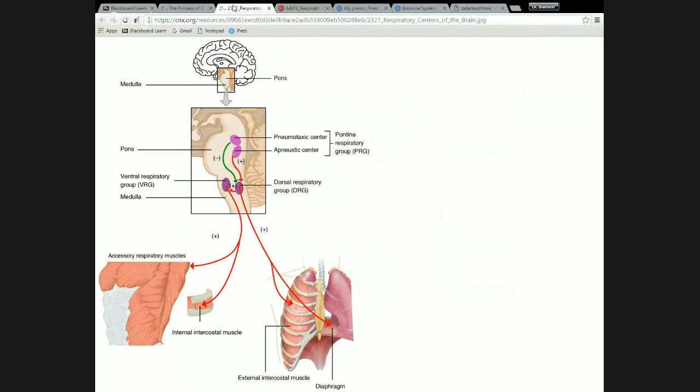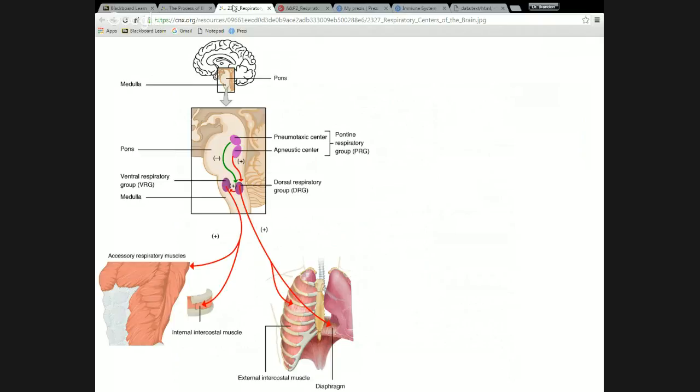Or your hypothalamus, which is tied into the autonomic system and homeostasis in general, can tell your breathing to change, like if you're in the middle of a fight or flight response. Fight or flight, sympathetic system, would control smooth muscles or cardiac muscles. These are skeletal muscles. The autonomic system does not control skeletal muscles.